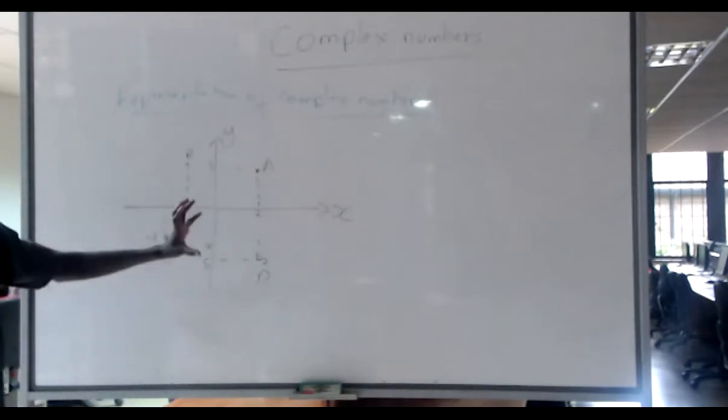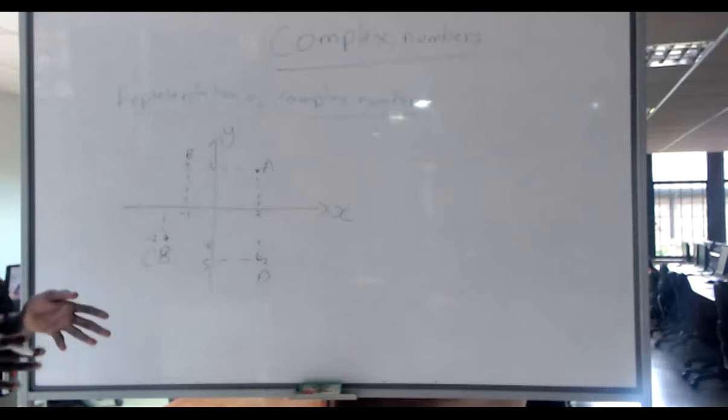This is called a Cartesian plane. It's simply the Cartesian product. You remember the Cartesian product of sets?